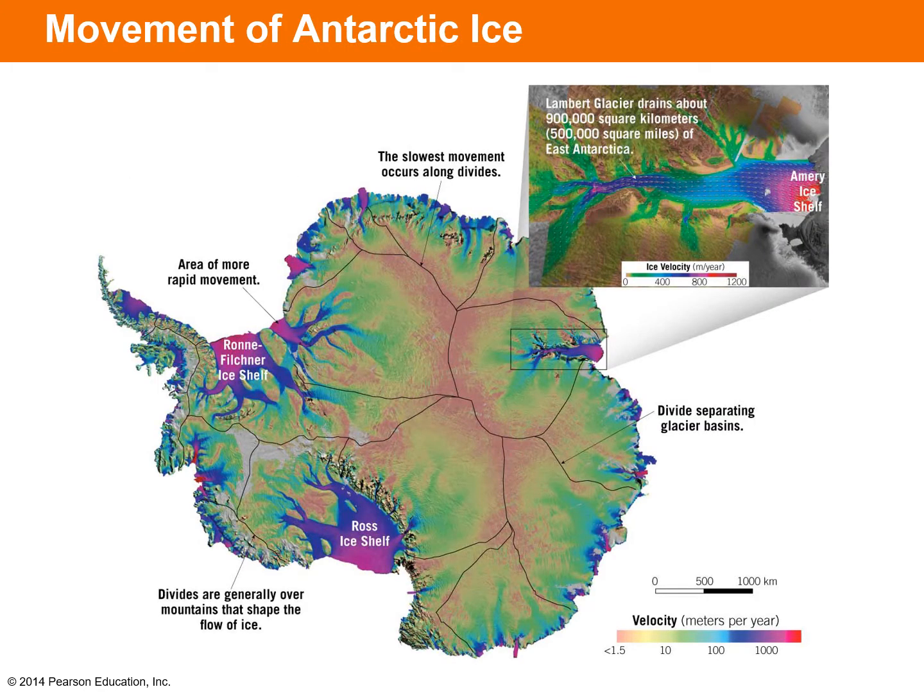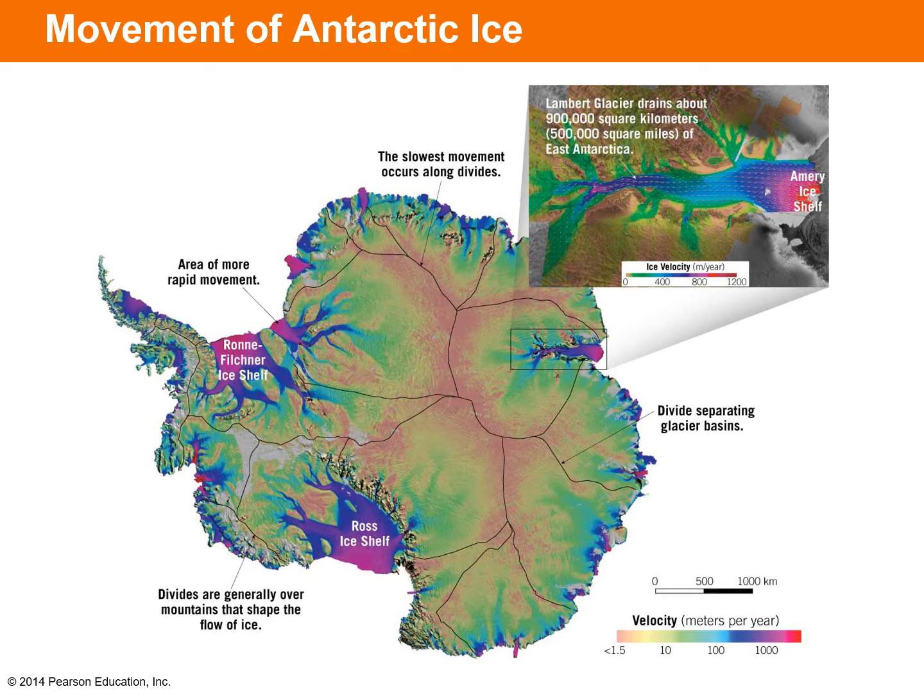So let's look at a real world example of how fast ice actually moves and how this rate of movement can vary dramatically even within one particular ice sheet, like the Antarctic ice sheet. The slowest movement in the Antarctic ice sheet is along divides, divides being the high elevation points within Antarctica.